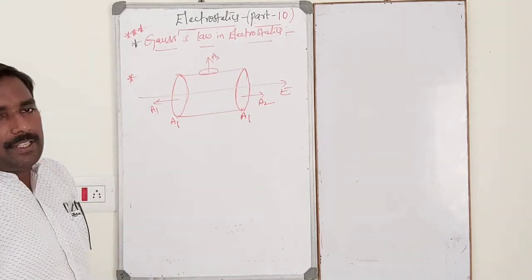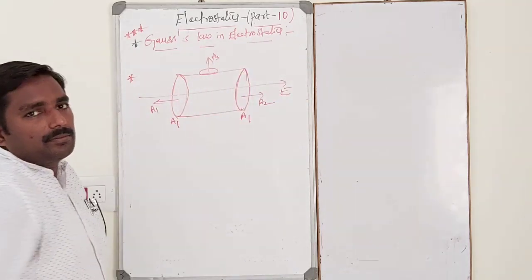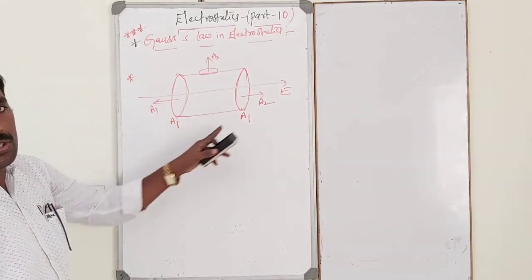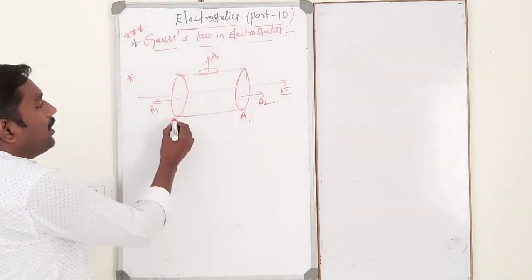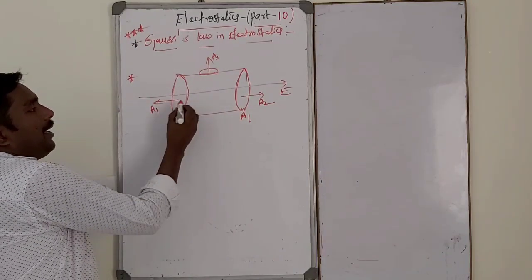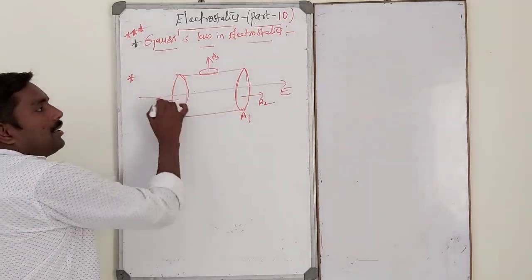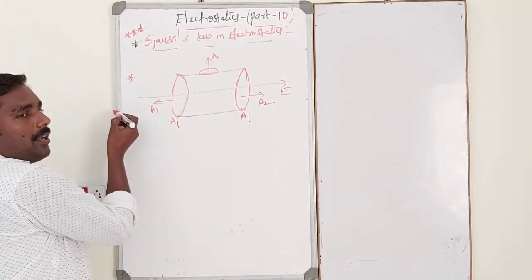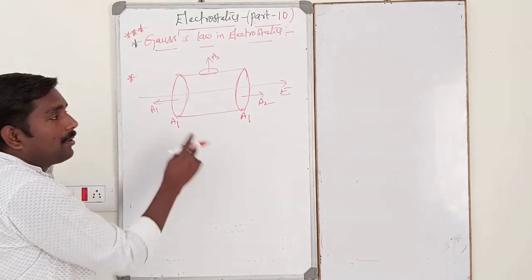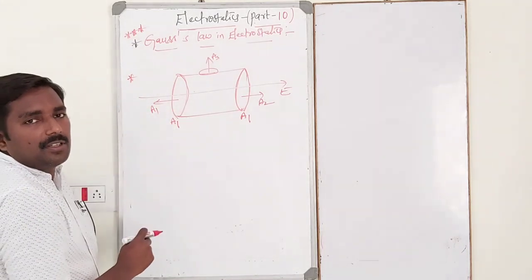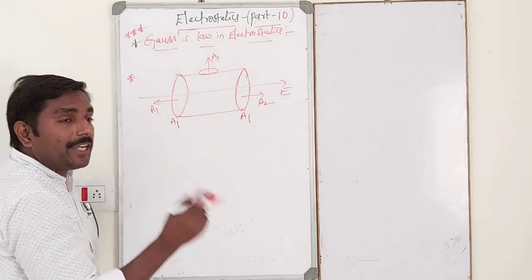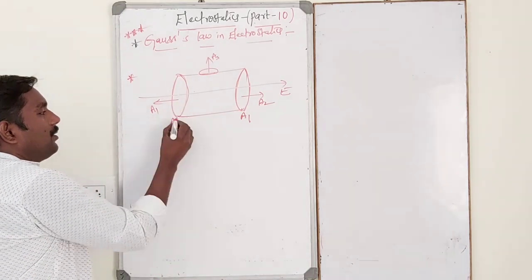See, electric field lines are passing through it, but there is no charge. On this side, the electric field direction is like this, and the area direction is the opposite way. What is the angle between them? Both are in opposite directions. Theta is equal to 180 degrees.